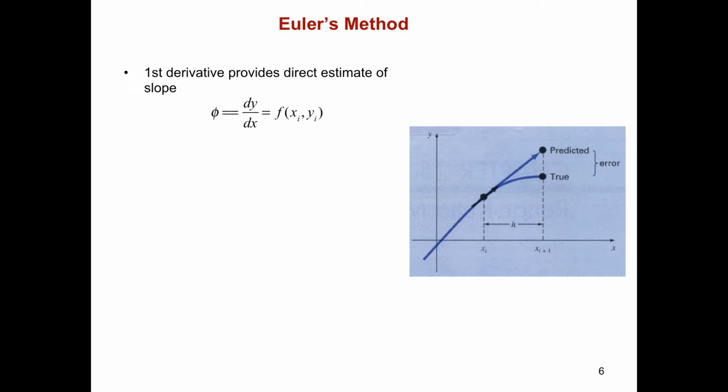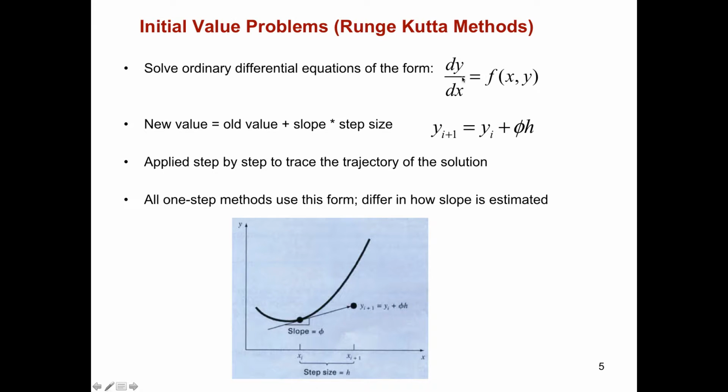Okay? So my phi, if you remember the formulation of the problem, dy/dx is f of x, y. So basically this slope is dy/dx, and I can simply get it by evaluating f of x, y. So that's what I'm going to do, and that's my slope.